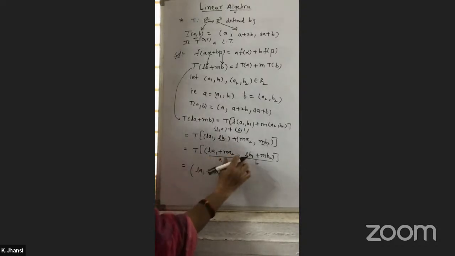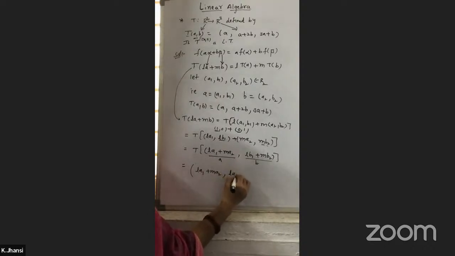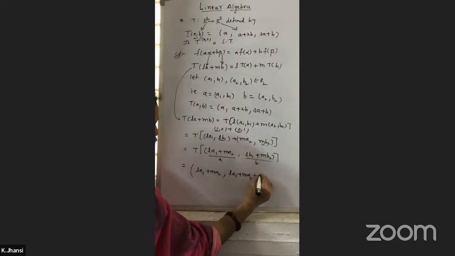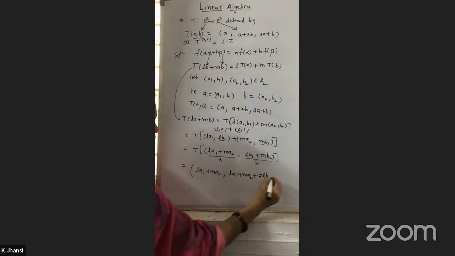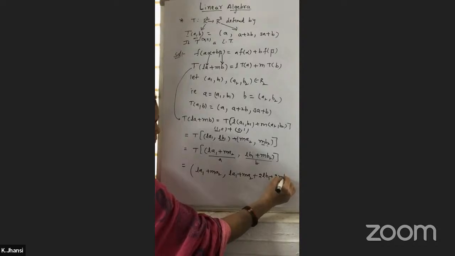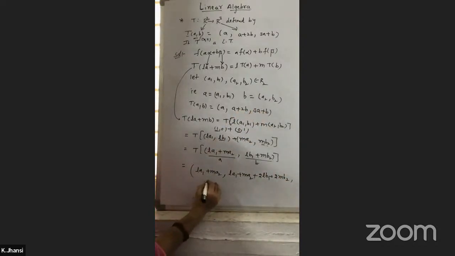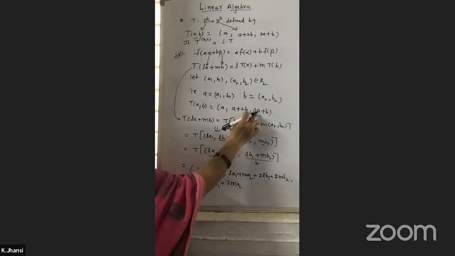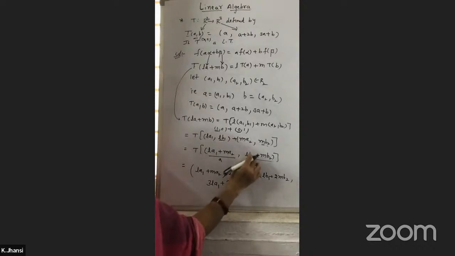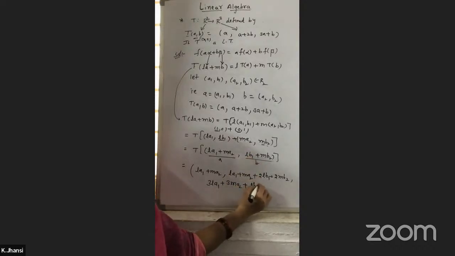Next A plus 2B means LA1 plus MA2 plus 2 into LB1 plus 2 into MB2, comma 3A plus B. 3A, you multiply by 3: 3LA1 plus 3MA2, plus B, that is LB1 plus MB2.